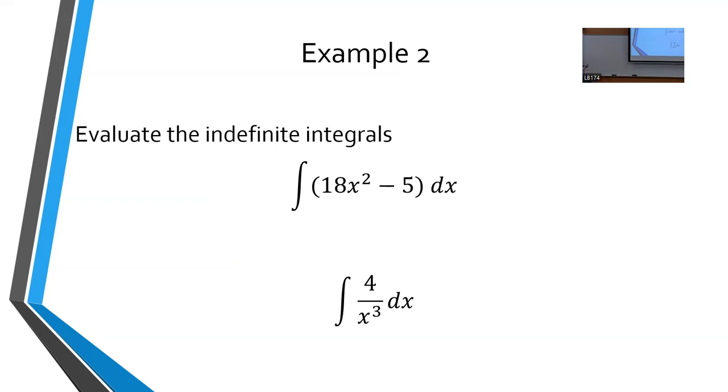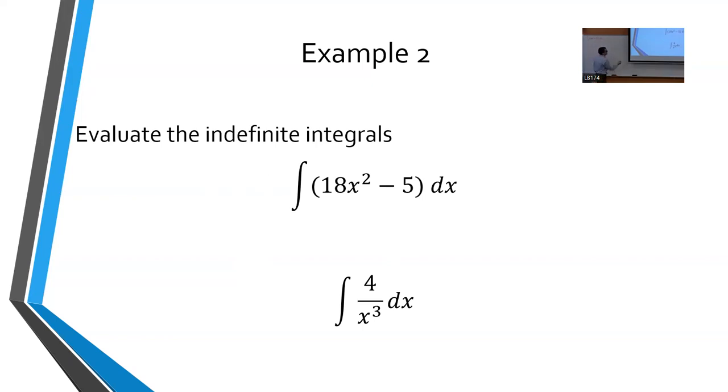So let's take a look at a couple of examples here. I won't spend crazy amounts of time, but I will do these. 18x squared minus 5 with respect to x.